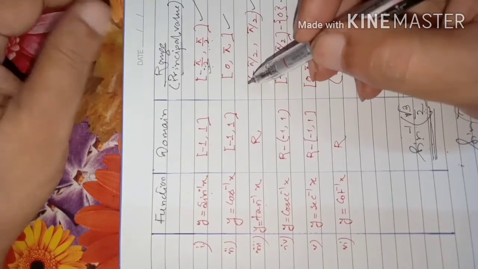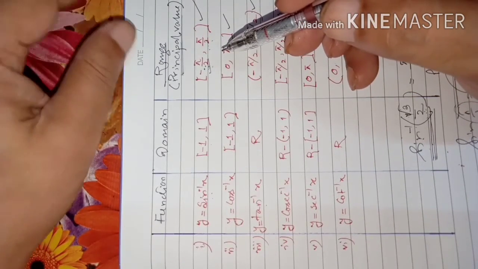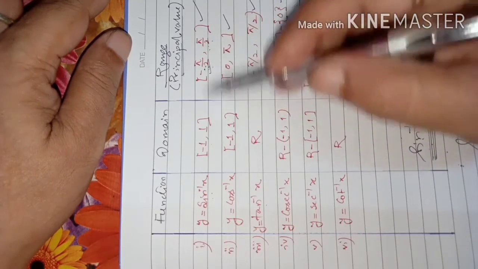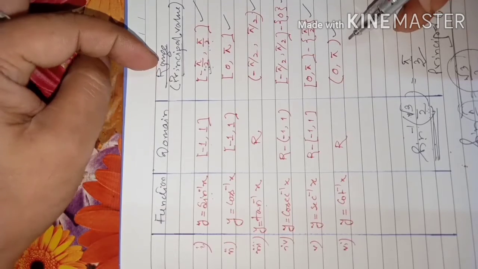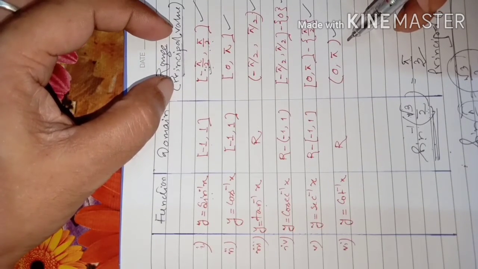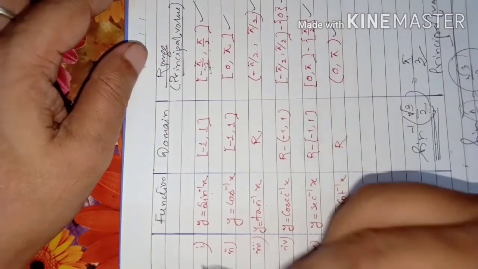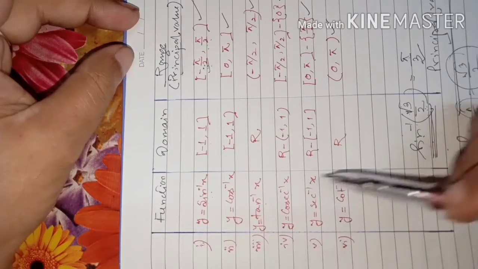Our question is about inverse functions, and an inverse function exists only when the function is one-one and onto. That's why you need to be careful while taking the range. The range is always the principal branch, and the value that lies in the principal branch is called the principal value. That is about inverse functions. Please go through this whole list.